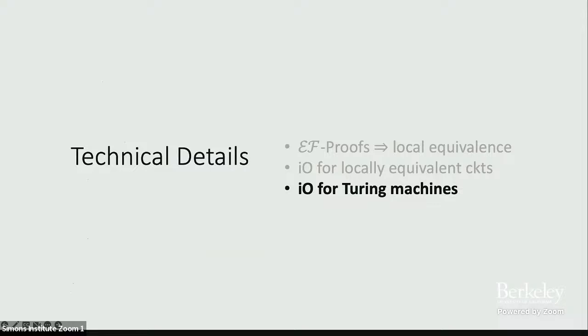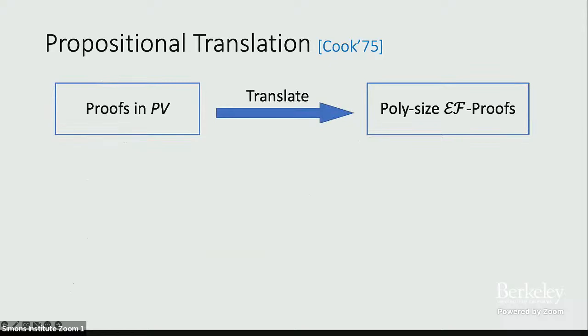So finally, let me show you how to extend this idea to build I/O for Turing machines. Our starting point is the propositional translation. In Cook's original work, he shows that if you have a proof in Cook's theory PV, then you can translate it to a polynomial size extended Frege proof.